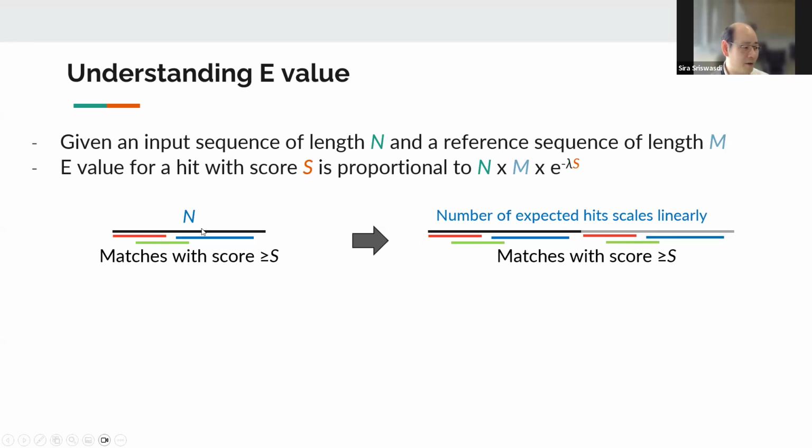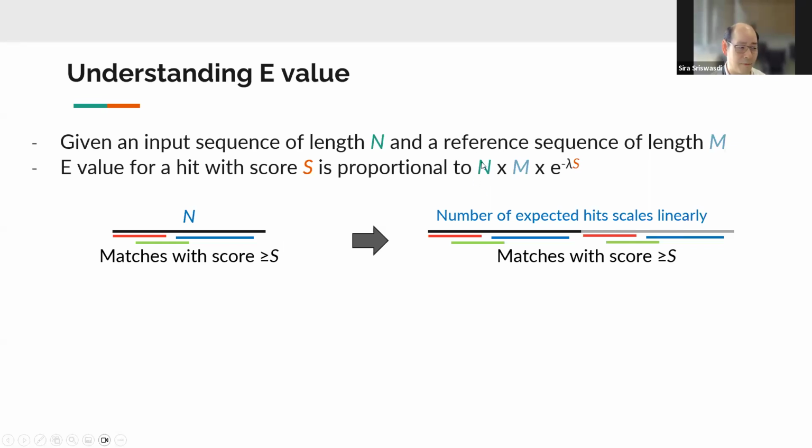So if your input sequence becomes twice as long, you can expect twice as many hits with the same score. These red, green, and blue are the hits with score S or higher. So if you have a twice as long query sequence, you expect twice as many matches.